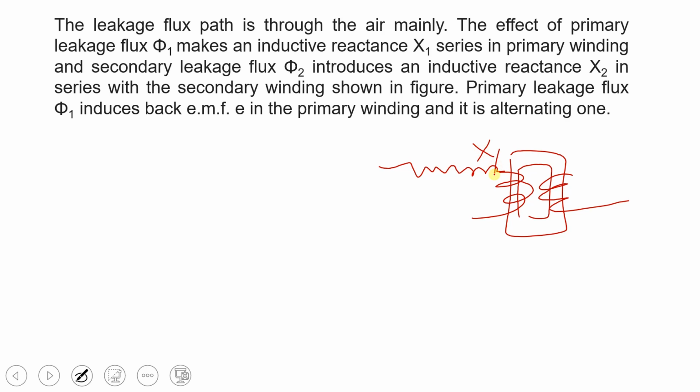Because of this leakage flux phi 1, we get an inductive reactance X1 in series with the primary winding, and here X2 in series with the secondary winding. Primary leakage flux phi 1 induces a back EMF in the primary winding, and it is alternating.